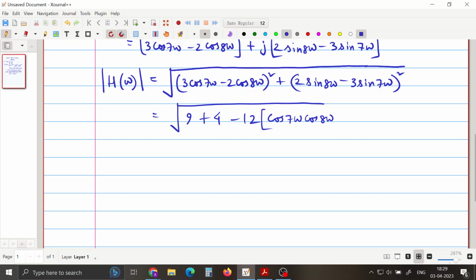Okay, and similarly for the other expansion, we get the sine terms.